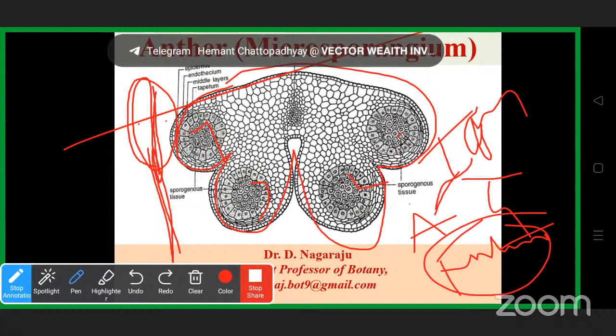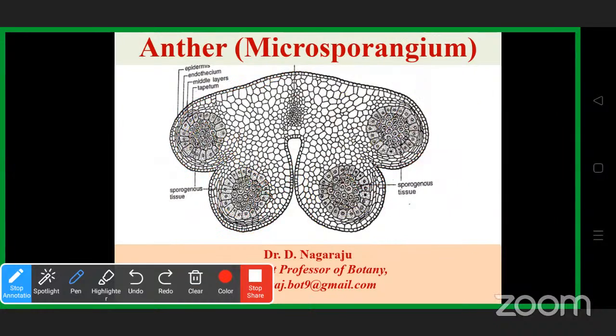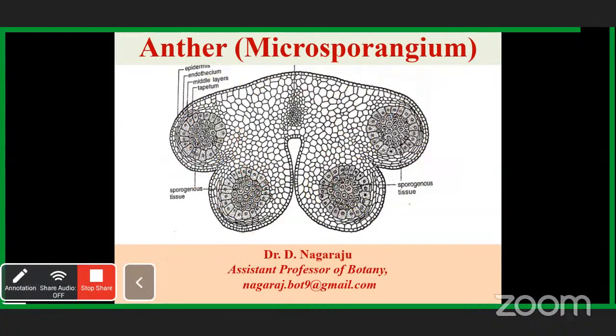Supplying nutrients to mature the microspores is the main function of the tapetum. It is a nutritious layer, the innermost layer. Okay, we will discuss this continuously.